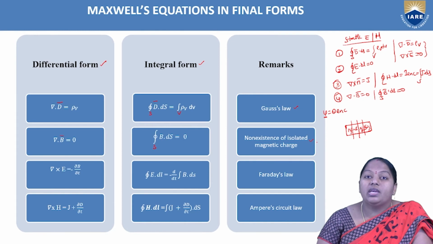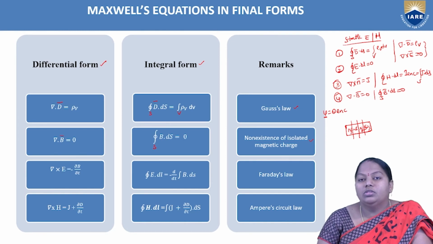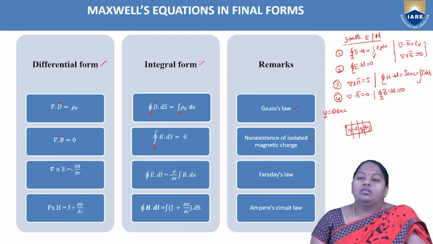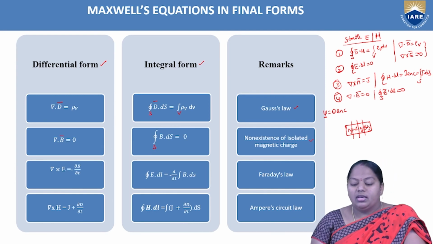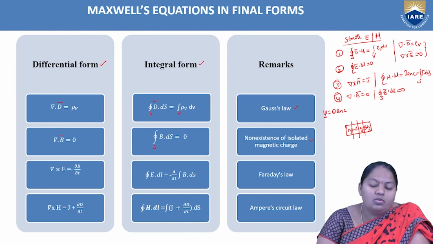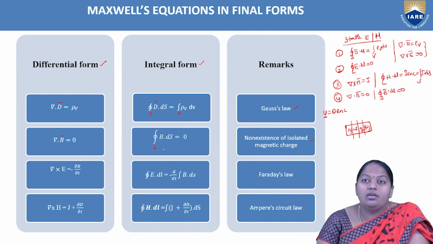This means we cannot separate the magnetic bar into isolated poles, so there is non-existence of isolated magnetic charge. An isolated magnetic pole cannot exist in that particular closed surface. Hence del dot B bar equal to 0, and closed surface integral S B dot dS is equal to 0.